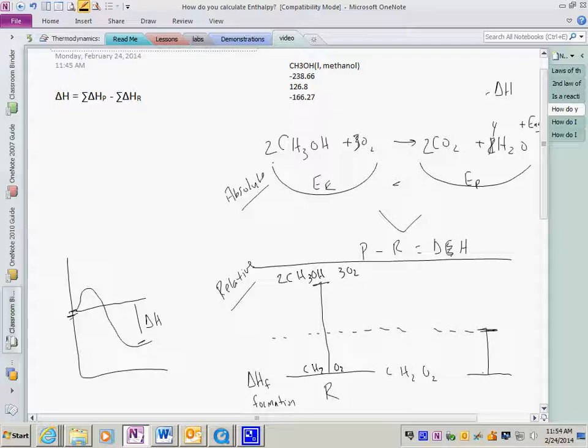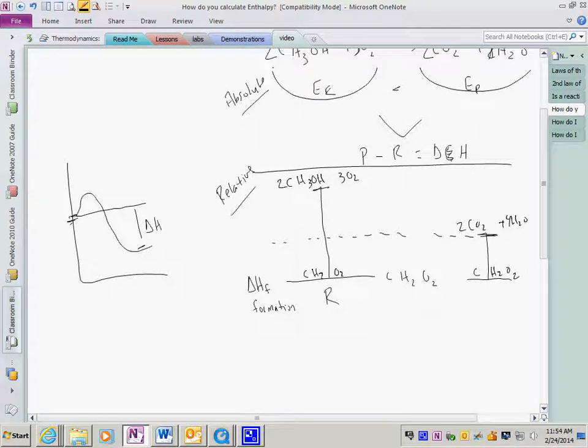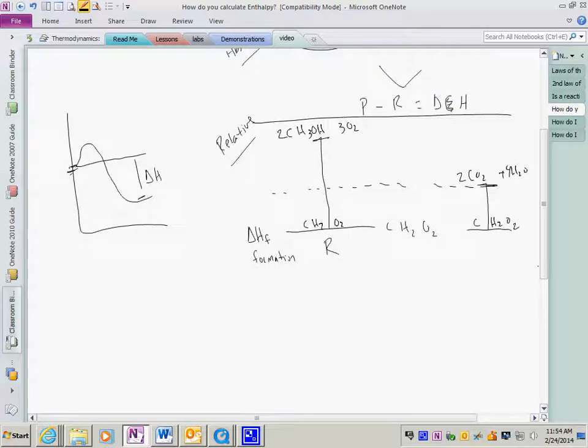And they say, okay, well, if I have carbon, hydrogen, and oxygen individually, how much would it take to make some carbon dioxide and some water? Of course, I have 2 of these guys. I'm making 4 of these. So again, the quantities matter. That is what delta H information says. Okay, and you can go to your charts, which are thermodynamic tables, and it basically tells you.